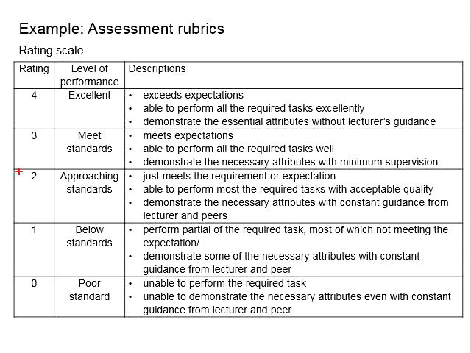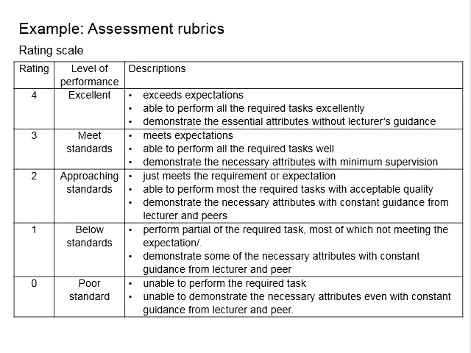The main difference between the two and the one here is that you only acquire some necessary attributes, and here you acquire the necessary attributes. Again, you will need constant guidance from the lecturers, and you will need help from your peers to accomplish the task. That is the meaning of below standard here.